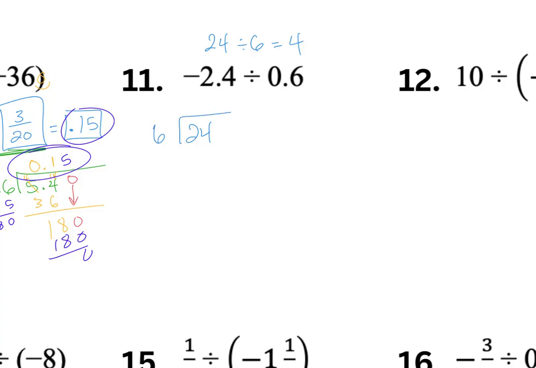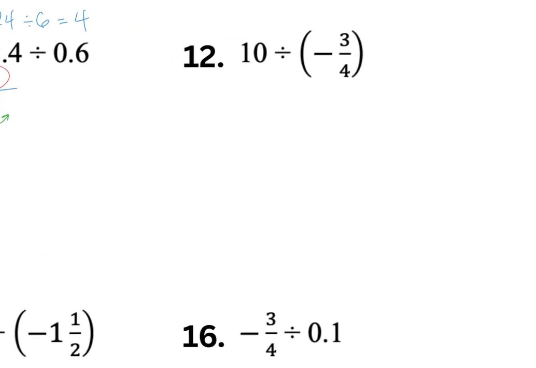Well, it was 0.6, so let's move the decimal one place. And it was 2.4, so we move it one place because we moved it here, right? And so this one actually really nicely just is 4, but also it's a negative 4. So 2.4 divided by 0.6 is negative 4.